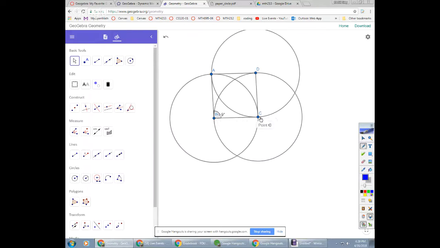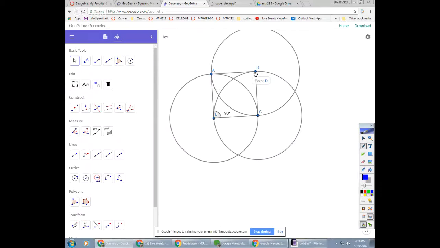And then I want this to be a right angle, so I've got to move this point. That's too big. Oh, there we go, 90 degrees. You can't see it, but 90 degrees. Okay, so if that's 90 degrees and these are all the same length, and I'm just guessing at that, let's measure some other angles and see what happens.